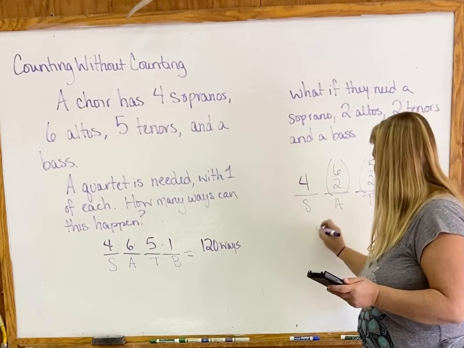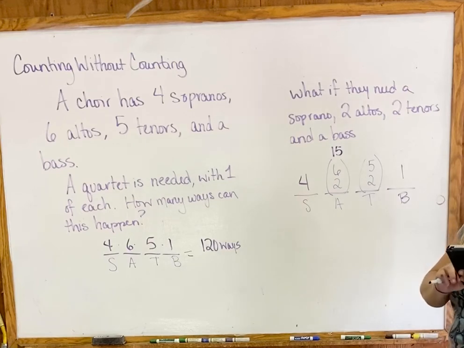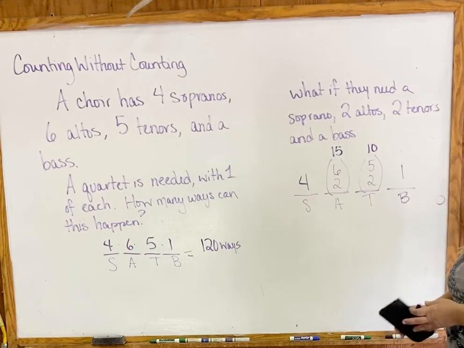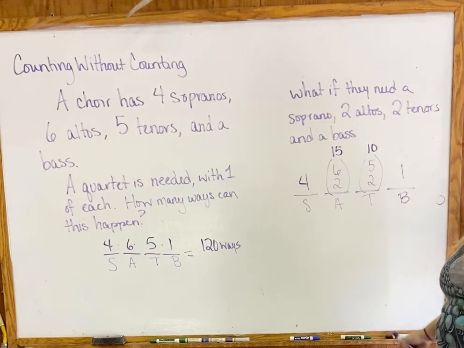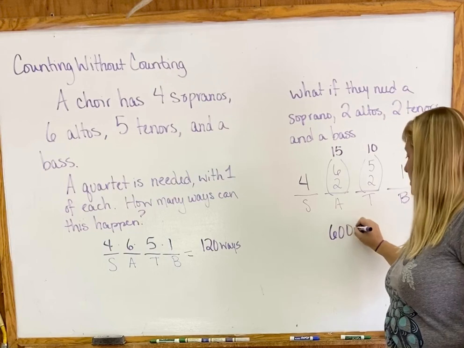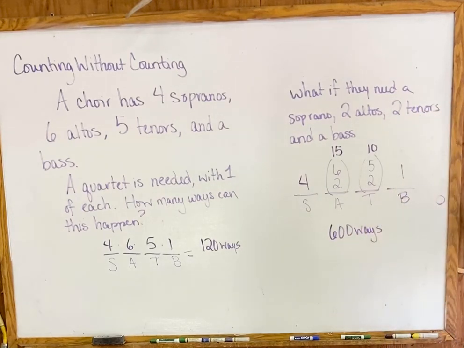I got that this one is 15, and that this one is 10. So we need to go 4 times 15, which is 60, times 10. So there are 600 different ways that we could select this group.